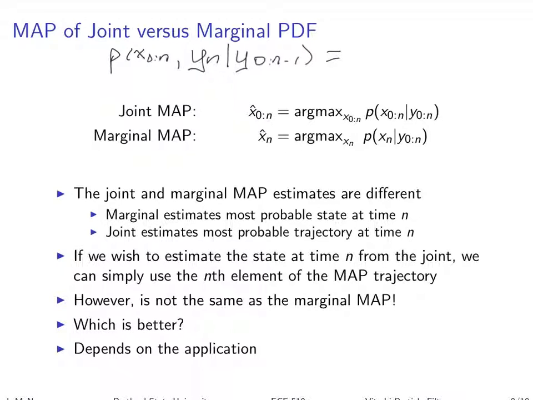The P of x0 to n is the joint posterior, that's essentially a bunch of posteriors that are like state transition prediction probability functions, and how do we translate that into picking which of the trajectories is the most probable? Maybe if I sketch out a diagram, it may help. Let me try that.